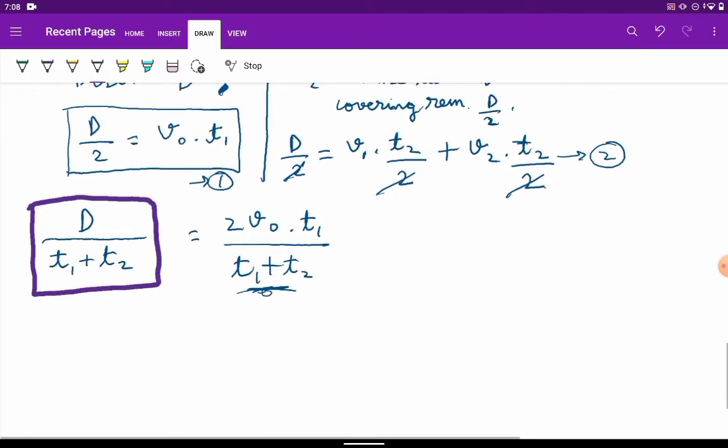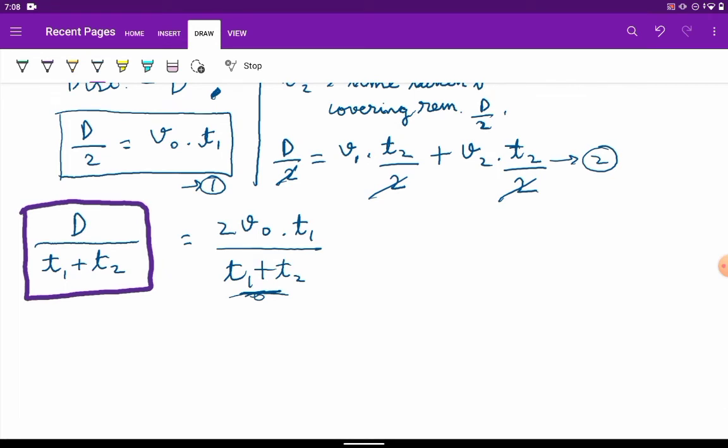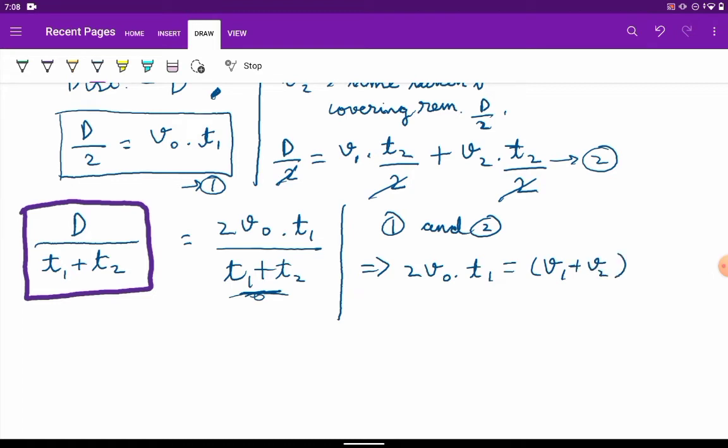In order to eliminate t1 and t2, we can equate 1 and 2. D is equal to 2 v naught t1, which is D over here as well, which is v1 plus v2 into t2.